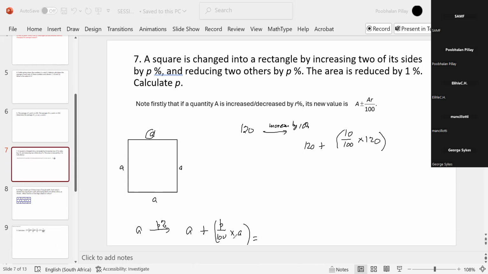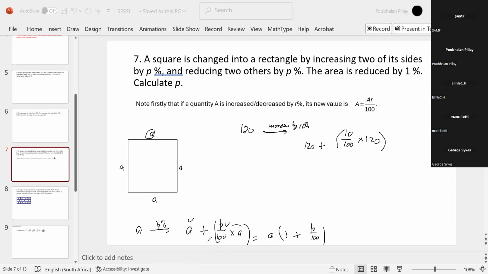You've got A plus A times something, so you can take A out. A goes into the first thing one time, and A goes into the other part P over 100 times. When you expand this, you'll have A times 1 plus A times P over 100. Bingo. It's exactly the same thing.